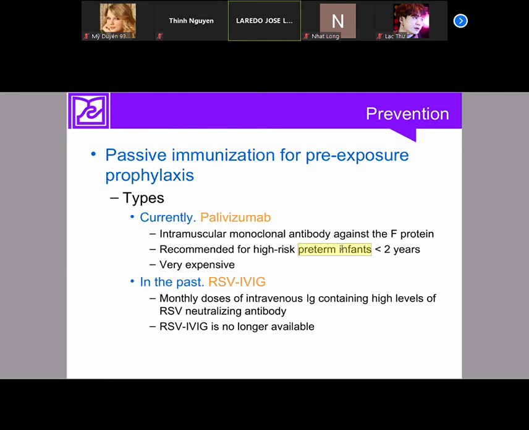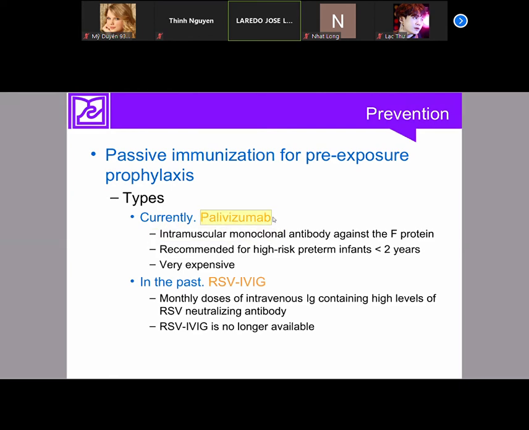So for these children, we can use pre-exposure prophylaxis, not with the vaccine because we don't have a vaccine, but we can use antibodies, passive immunization. In the past, many years ago, we did this with immunoglobulins. Currently, some people do it with monoclonal antibodies called palivizumab, but this is very expensive and only possible in some places.